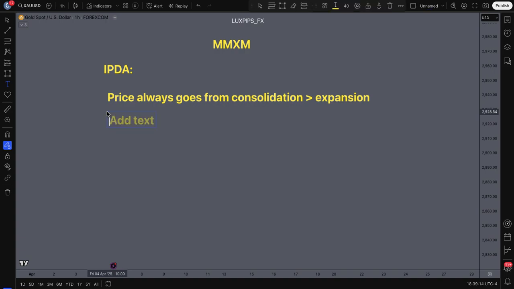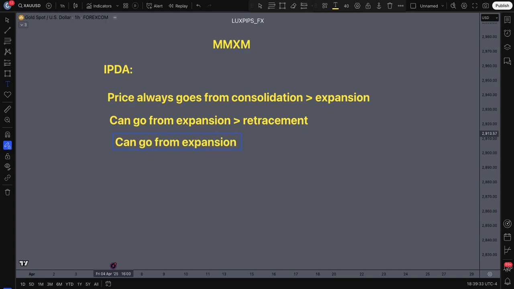Price can go from expansion into retracement. It can go from expansion into reversal. It can go from expansion into consolidation.